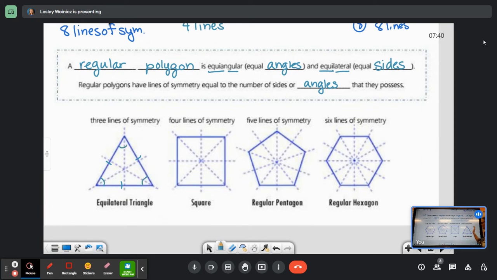And you can see that we have 3 lines of symmetry. For a square, we have 4 lines of symmetry. For a regular pentagon, we've got 5. And for a regular hexagon, we've got 6. That pattern keeps going as we increase the number of sides and angles in our regular polygons.